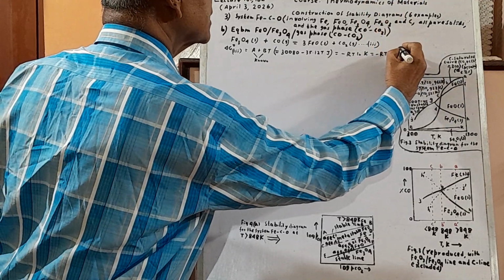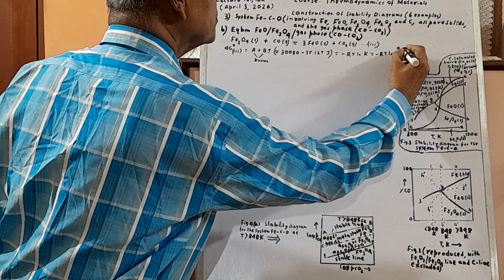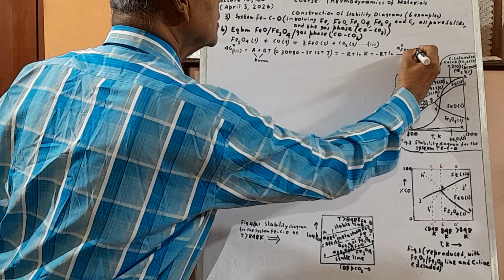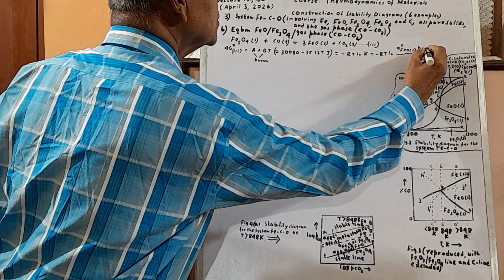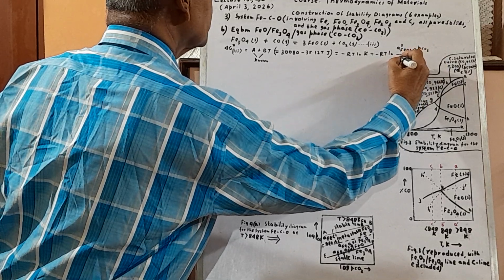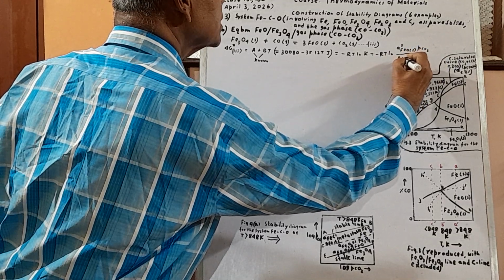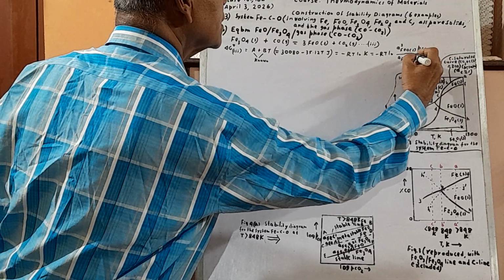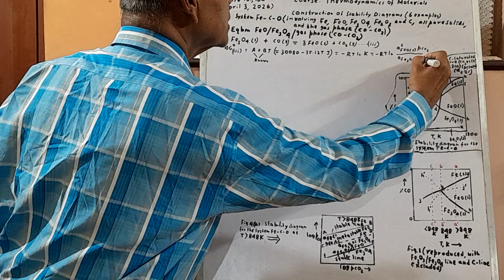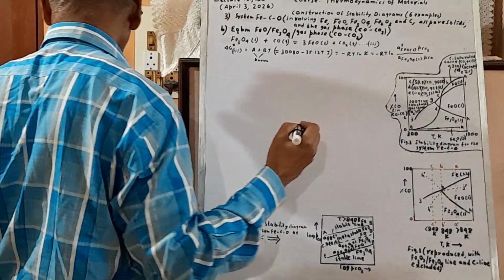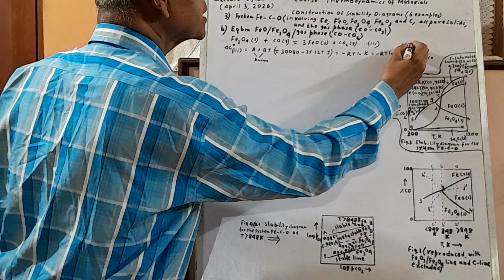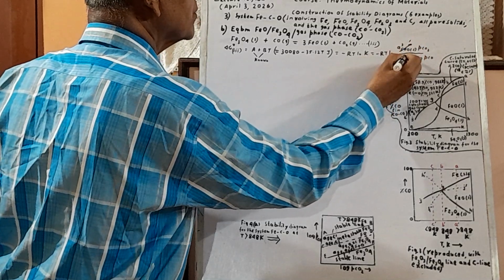K is the activity of FeO solid cubed times PCO2 over the activity of Fe3O4 solid and PCO. You know very well that these solids are in the pure state with activity 1.